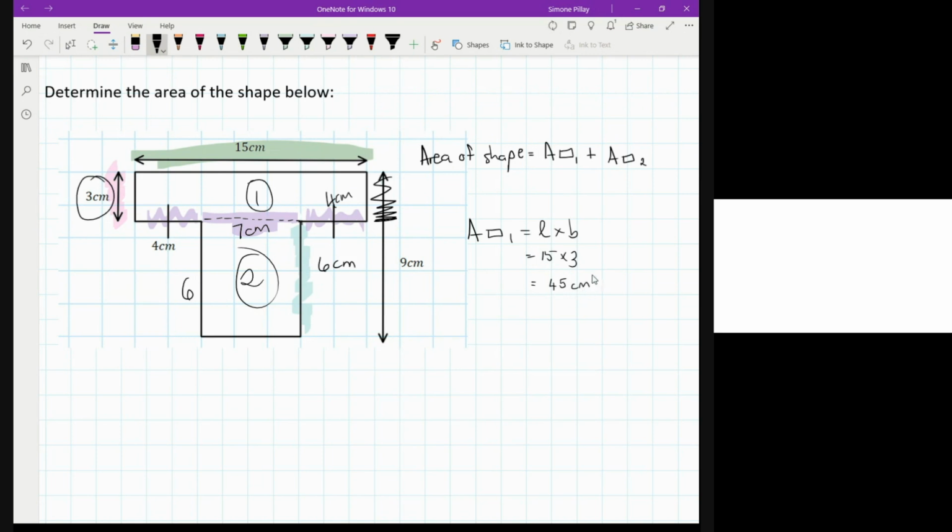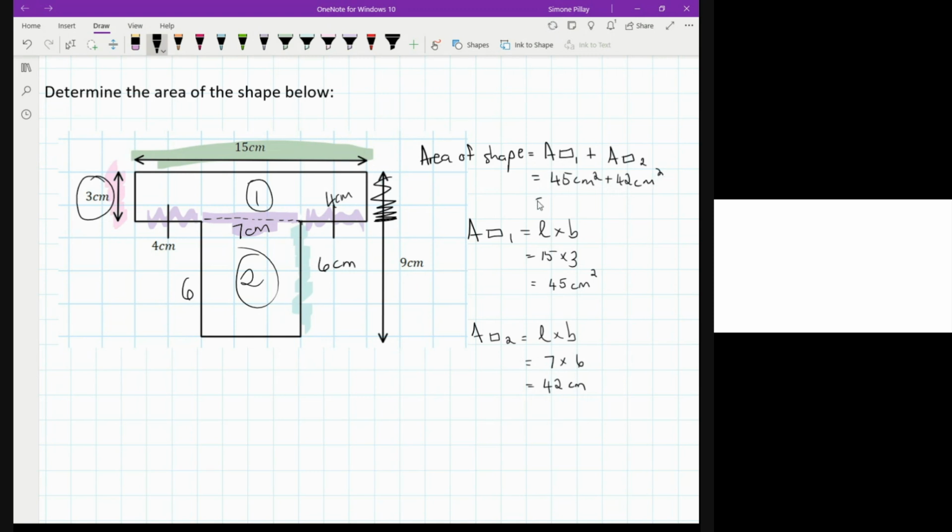And then the area of rectangle 2 is L times B. It's L times B again. 7 times 6, and that is 42. Now we can just add 45 and 42, and you're gonna get 87 centimeters squared.